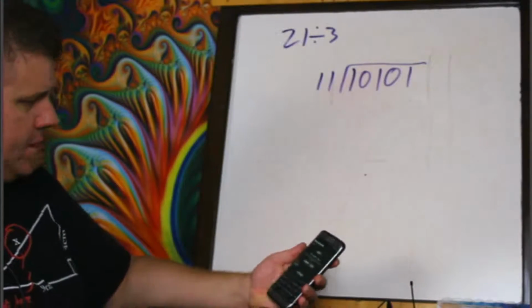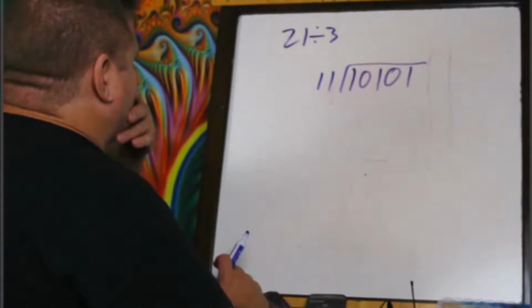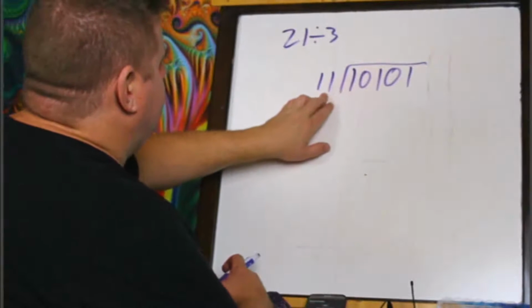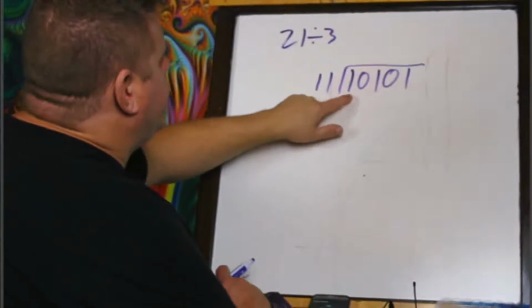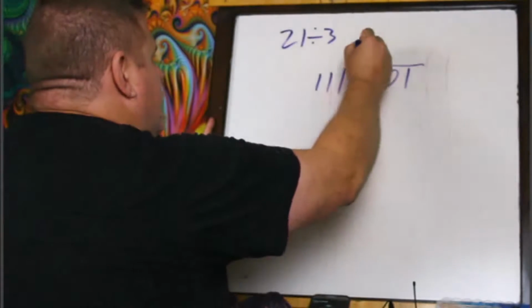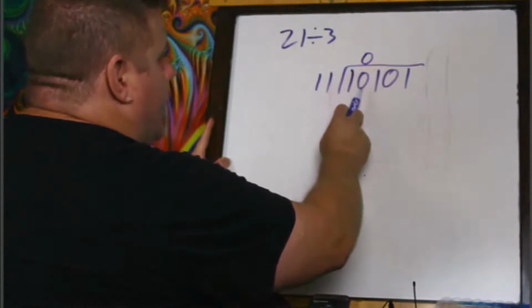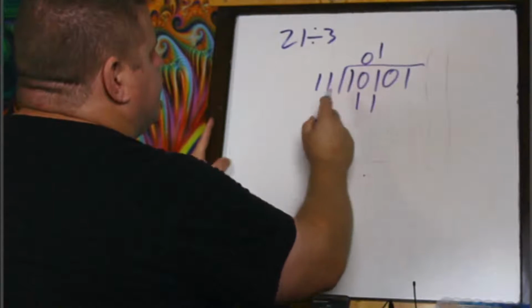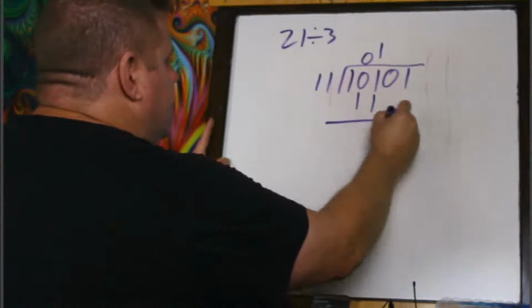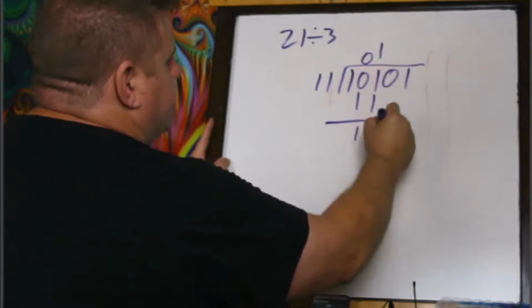All right? So how many times does 1, 1 go into 1, 0? 0 times. How many times does 1, 1 go into 1, 0, 1? It goes once. That's 5 minus 3, you're left with 2. Bring the 0 down.